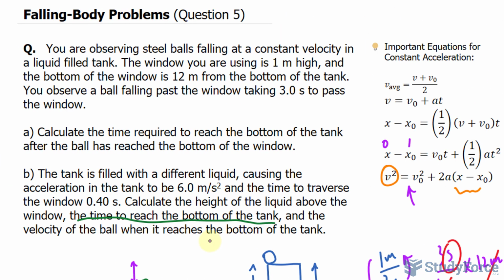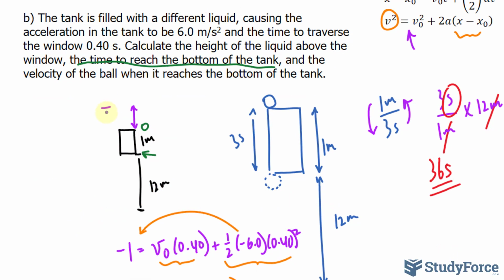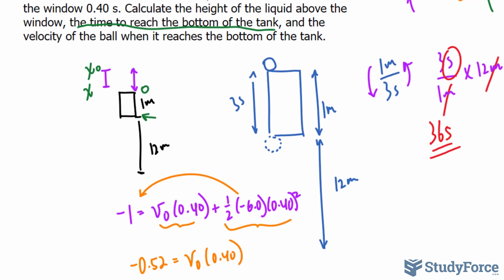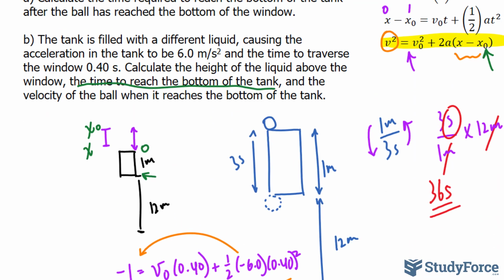One of the other questions was calculate the height of the liquid above the window, this height. We will use this formula again, and specifically we are looking for x sub 0. So that's x sub 0, and that's x. I have the final velocity, which I found already. What did we say it was? -1.3.